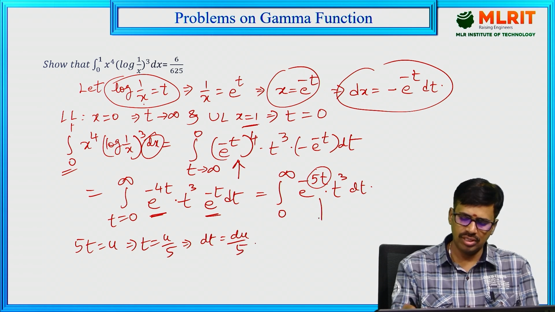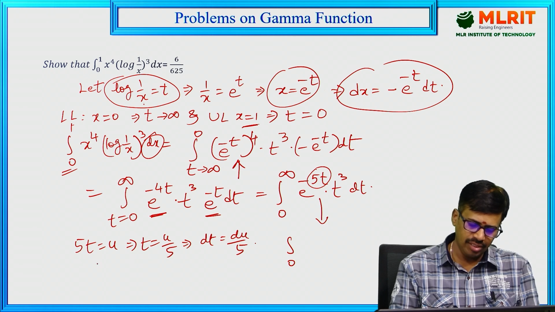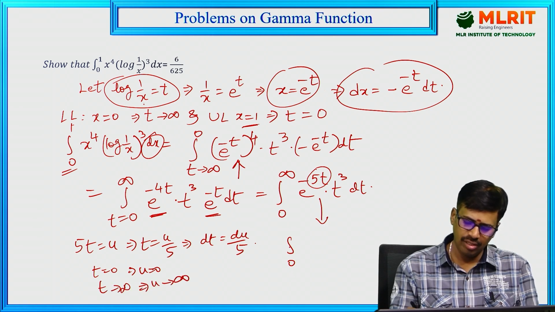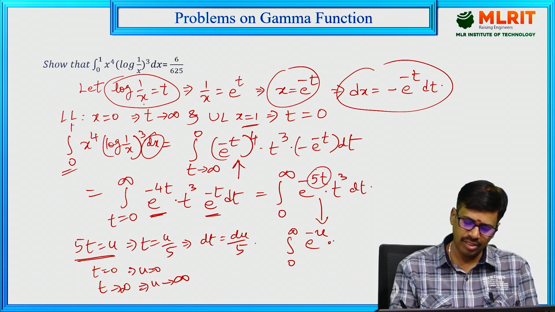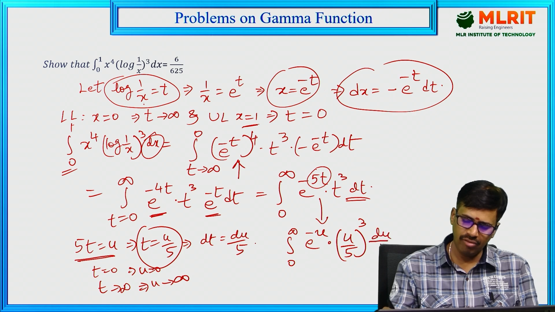When t is 0 we get u equal to 0, and if t tends to infinity, u also tends to infinity. So u from 0 to infinity, e power minus 5t means e power minus u, into t power 3, which means (u by 5) whole power 3, and dt means du by 5.